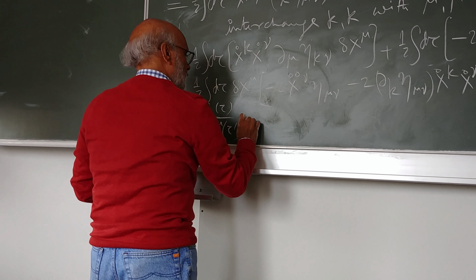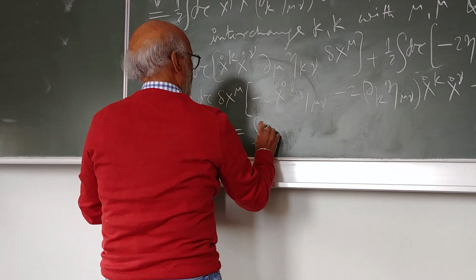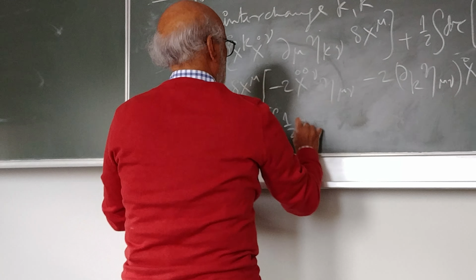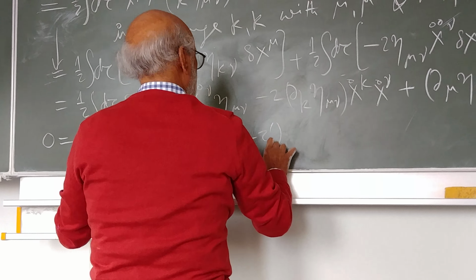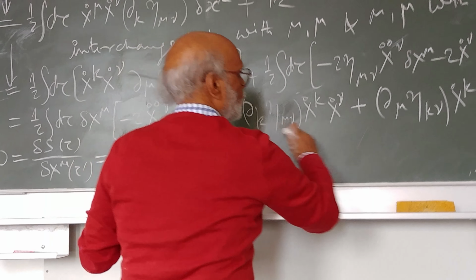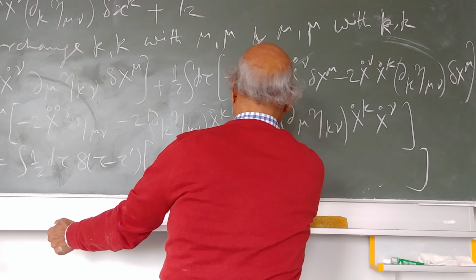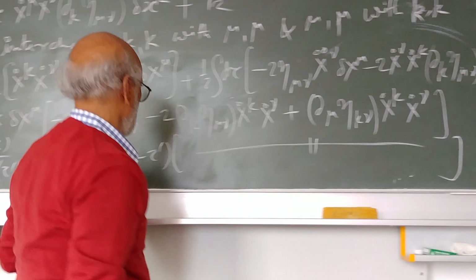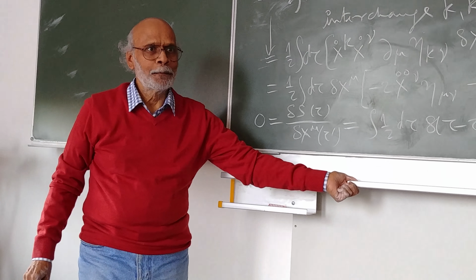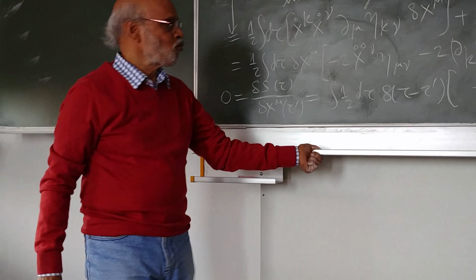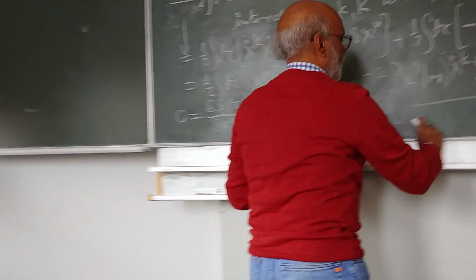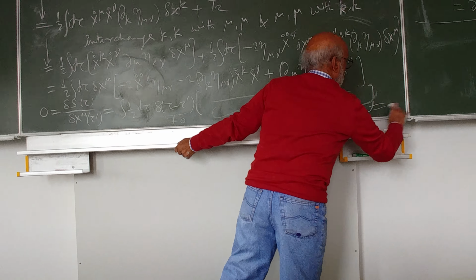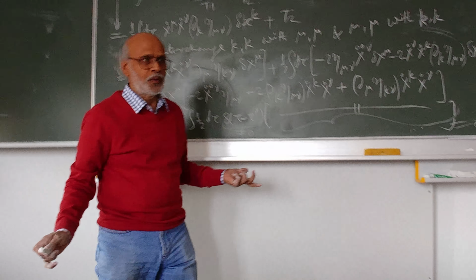This would give me 1/2 d tau delta tau minus tau prime into this entire bracket. Because this would be non-zero, and therefore this would be 0.